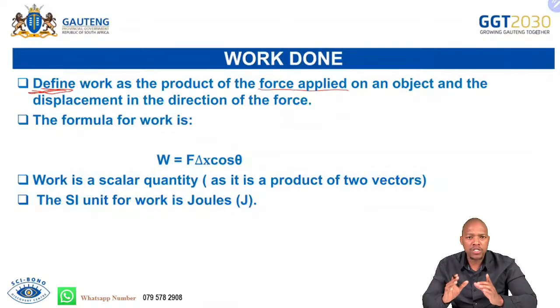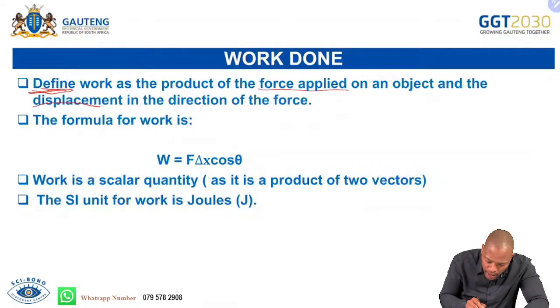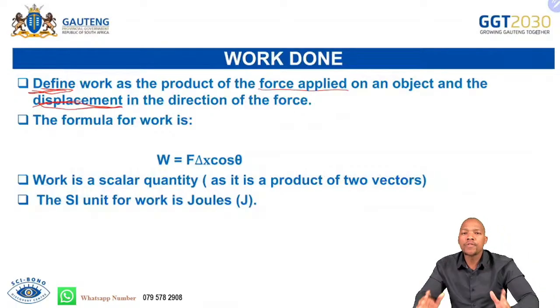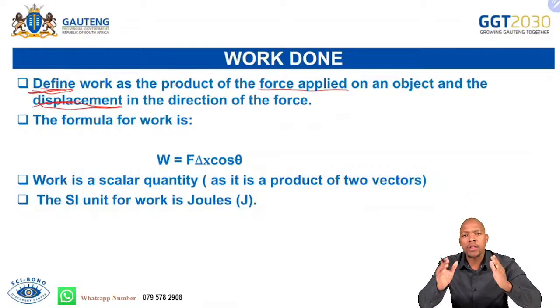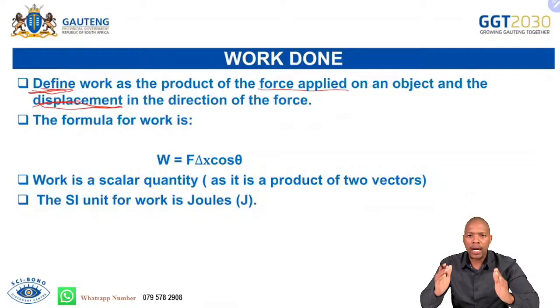There must be a force that is applied on an object, and this object must be displaced. That is very, very important. So for you to be able to identify whether work was done here, the first thing is that there must be a force, but then this force must lead to the displacement of the object. The object must be displaced.